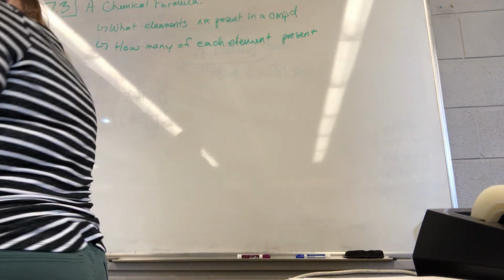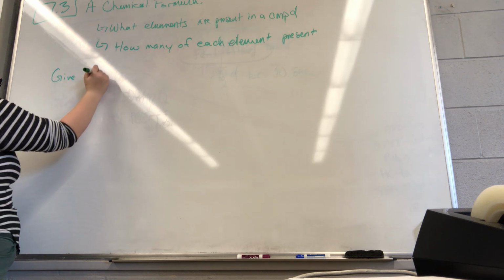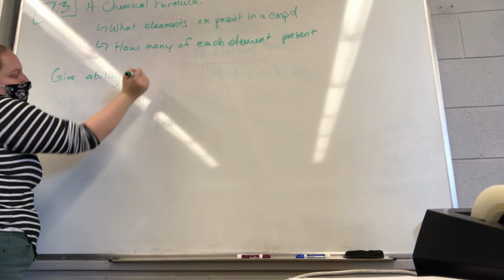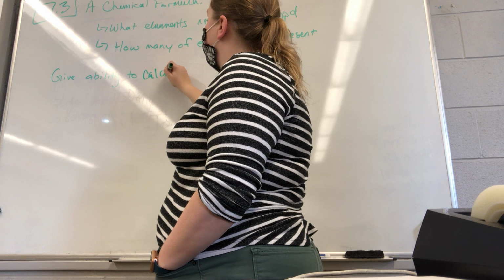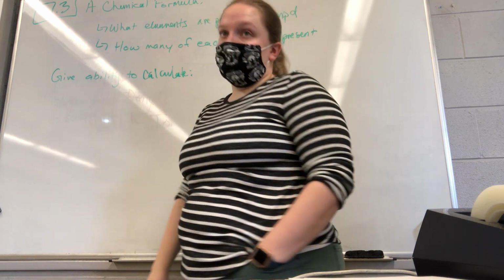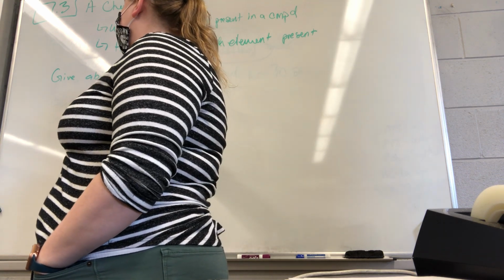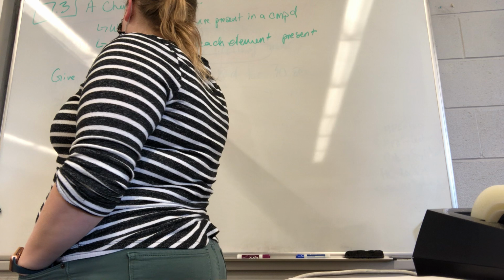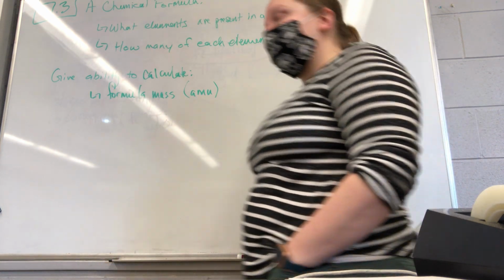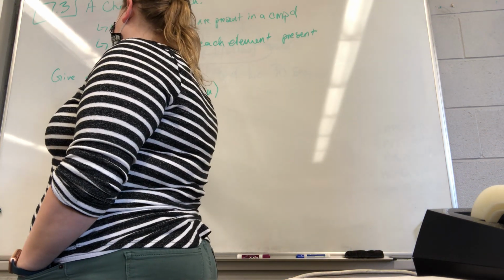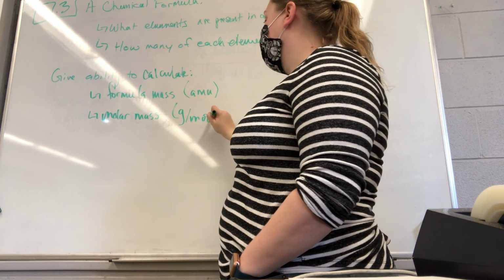Okay. They give us the ability to calculate a few things, okay? First is going to be what we call the formula mass. And I'll remind you that formula masses have a unit of AMU. They're going to give us the ability to calculate molar masses, which have units of grams per mole.